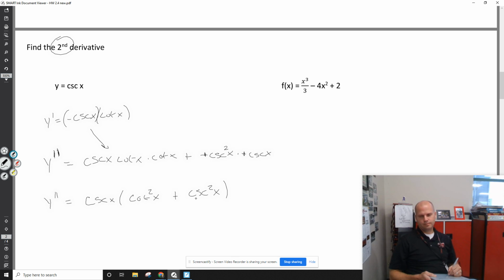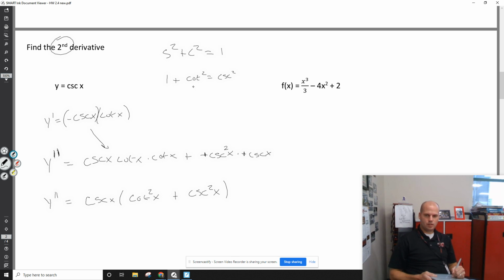Now, potentially, this is equal to something. If you remember, like sine squared plus cosine squared equals 1, it's kind of how we discovered the derivatives of secant and cosecant and stuff like that. Which means let me divide by sine, and I get 1 plus cotangent squared equals 1 over sine, which is cosecant squared.